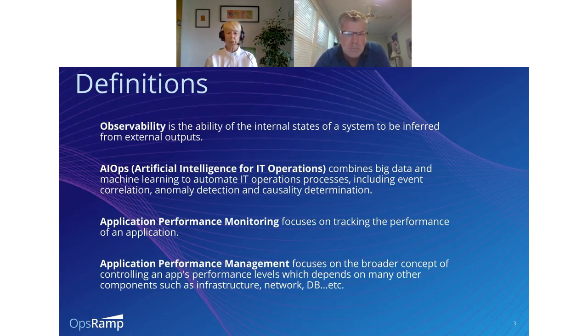And then there's the bigger topic of application performance management, where application performance monitoring fits in. But APM with the management is the broader concept of looking across the entire, let's call it stack, where we also look at the network, the service providers, the cloud, the application inside the application, the database, and whatever else is there. That's the bigger topic.